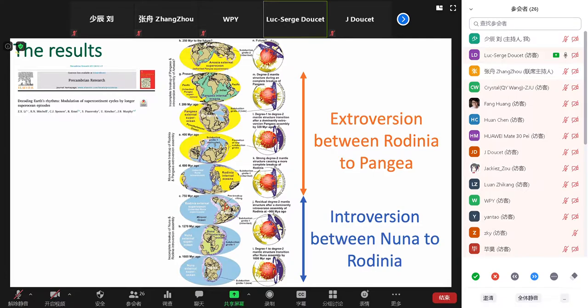We think that each superplume, or deep plume, should start with a large igneous province. If you want to produce a large igneous province in the ocean, for example, you need a high heat flux from the mantle, and models show that you can only do that from very deep plumes.